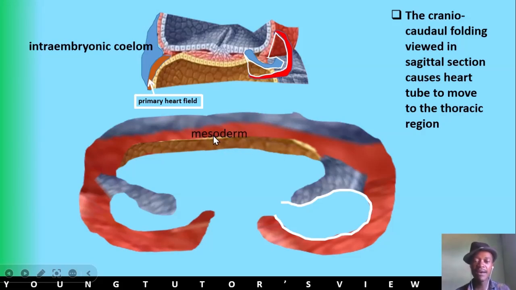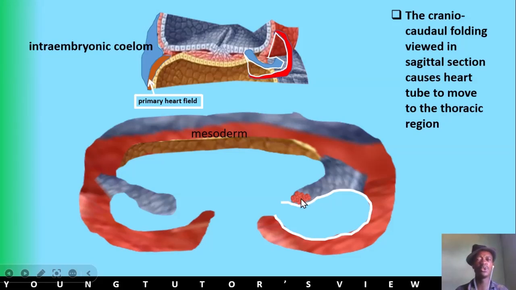So we have the mesoderm here where we are going to have cells coming from. The cells that make up the secondary heart field actually come from the ventropharyngeal wall of the mesoderm. They are migrating to this area, the cardiogenic area, to make up the secondary heart field. So very few cells, because they are going to do a very simple task for the heart.